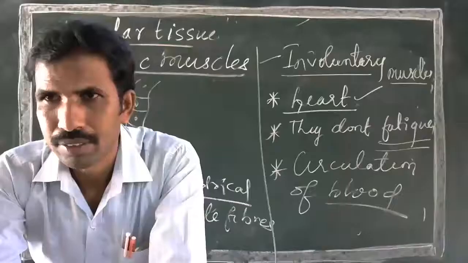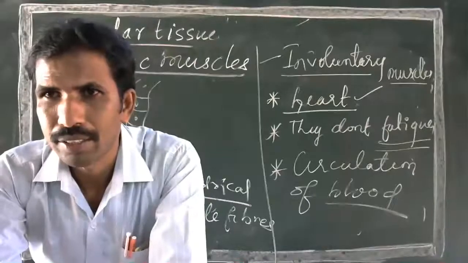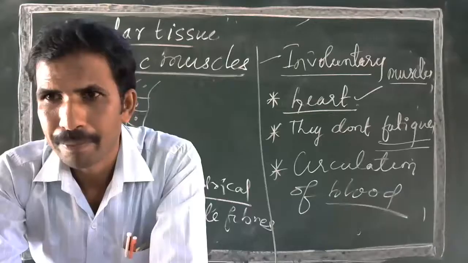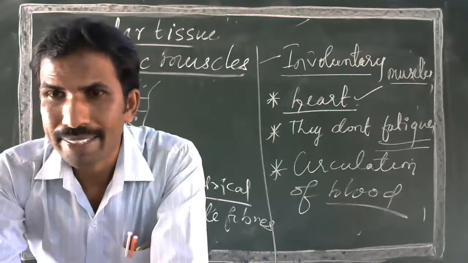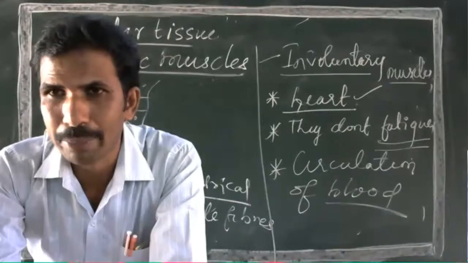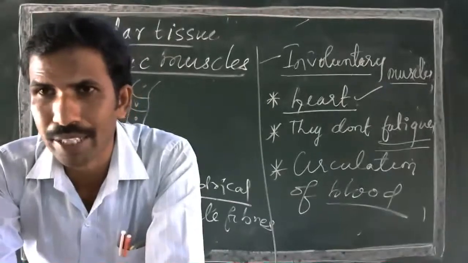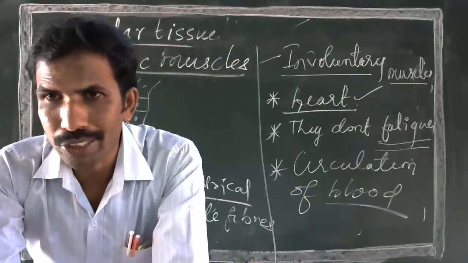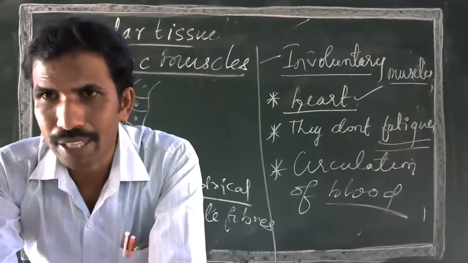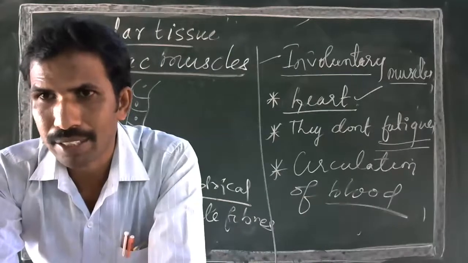Three components of connective tissue. You are telling types. I didn't ask you types. I am asking you the components of connective tissue. For which tissue you call it a connective tissue? For connective tissue, there are some components, no? That I am asking you.